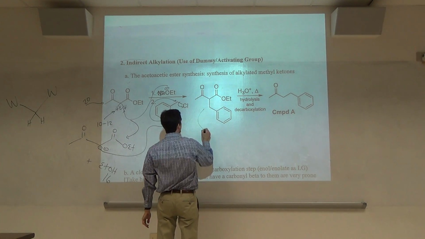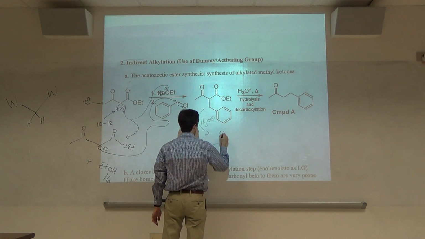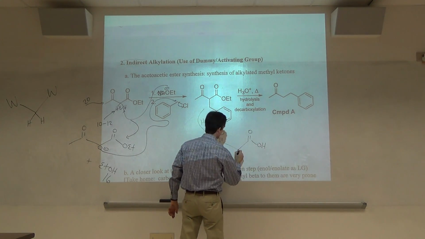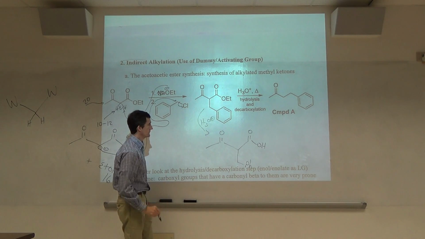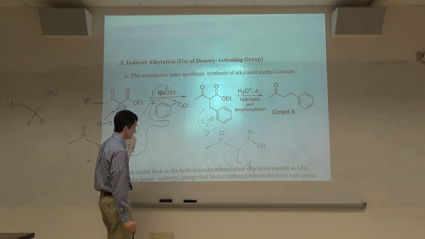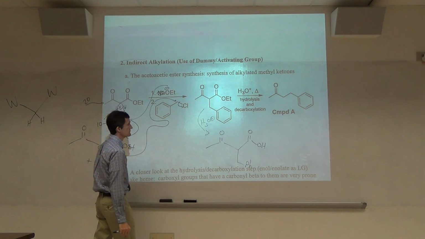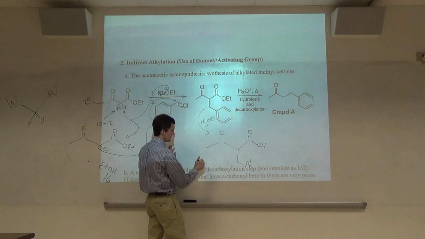So this is going to first give the hydrolysis product. We'll finish up right here. We can name this. I'm not sure if it's named here or not. This is what?